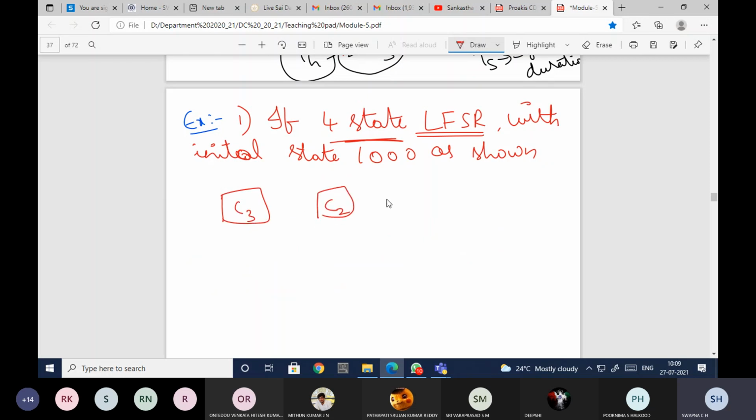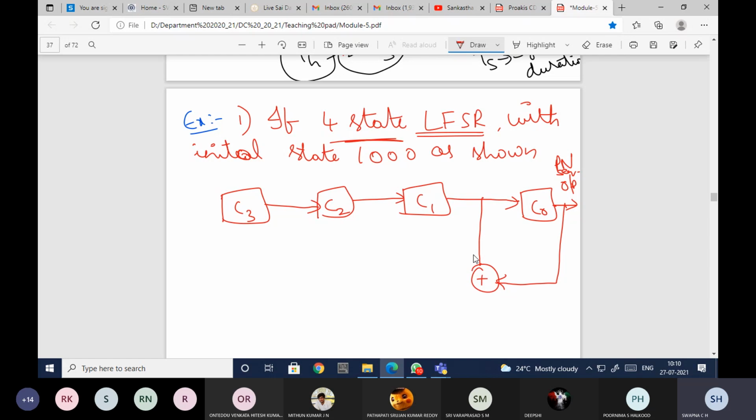C3, C2, C1, C0. All these are nothing but the flip-flops. And here we'll be taking the output sequence, which is nothing but the PN sequence. So C3 to C2, C2 to C3, C1 to C0. C0 output along with C1 output, you have to XOR between C0 and C1, and you need to give it as feedback to C3.